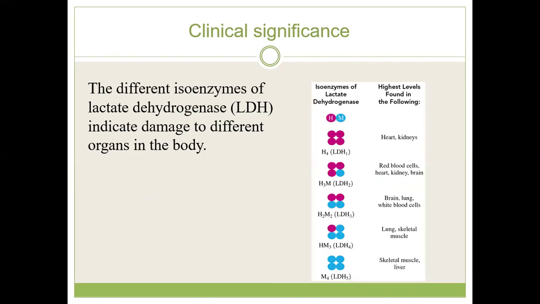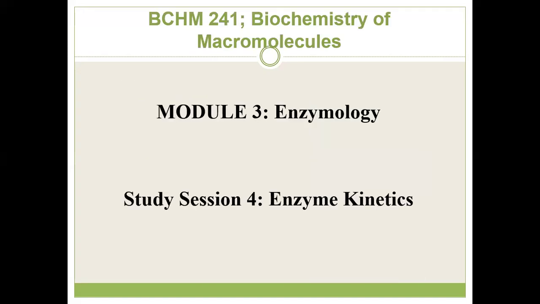We can see lactate dehydrogenase in heart and kidney, also in red blood cells, in brain, lungs, white blood cells, and skeletal muscles. They can all be used to detect the level of any damage, any problem in these organs.